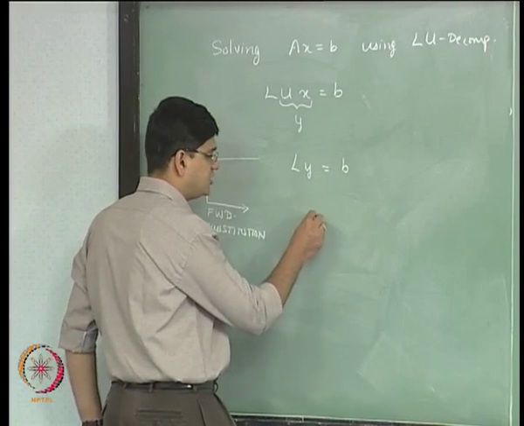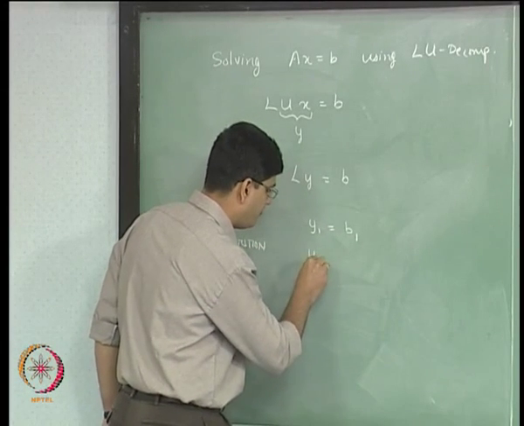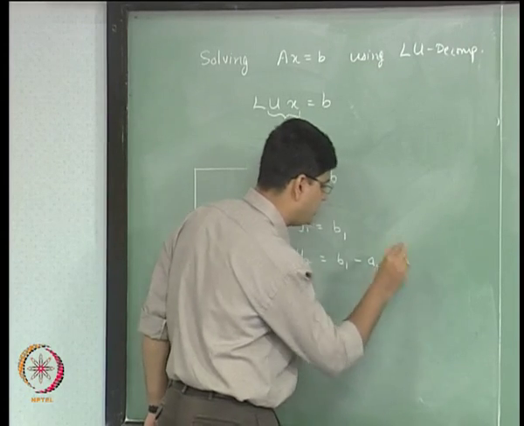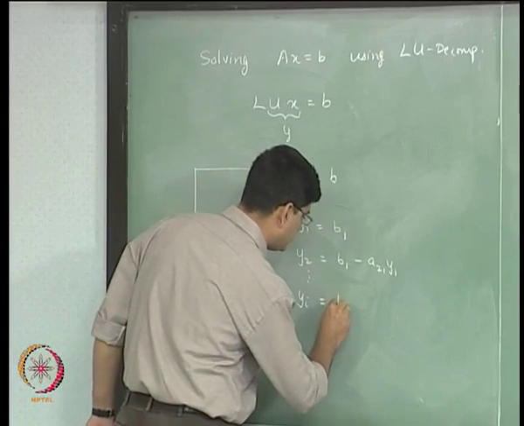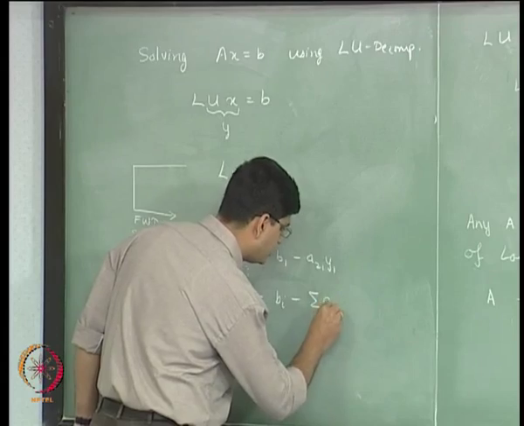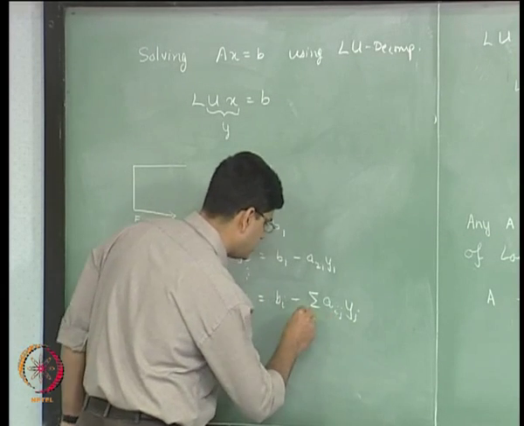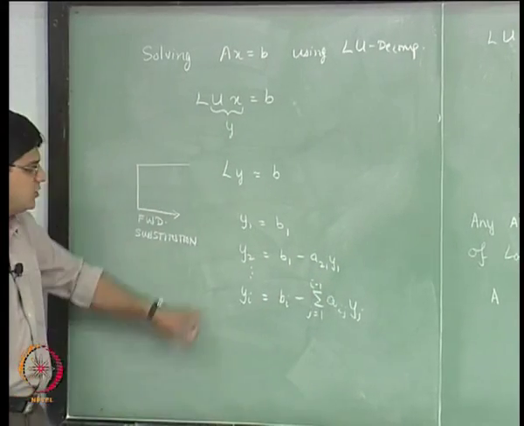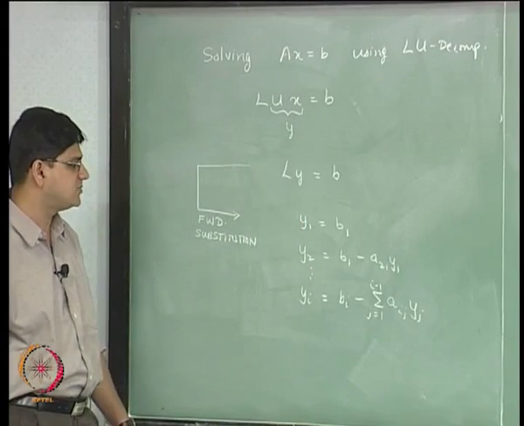The forward substitution is going to be y1 equal to b1, y2 equal to b2 minus l21 y1, and so on, yi equal to bi minus the summation of lij yj, j equal to 1 to i minus 1, and so on up to n.